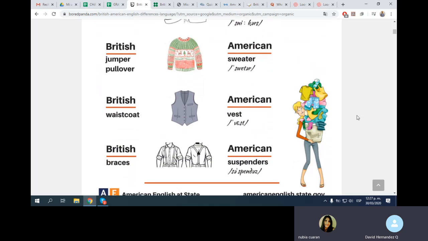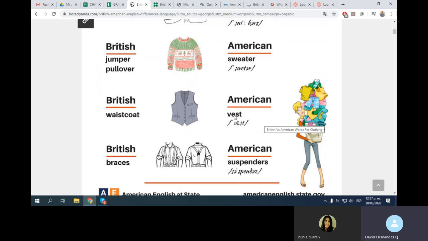Luego tenemos otra. Tú me lees aquí, waistcoat. Y acá, vest. Los británicos también utilizan esta palabra vest, pero para las camisillas, las camisetas interiores que no tienen mangas.